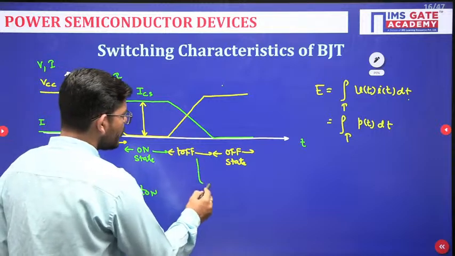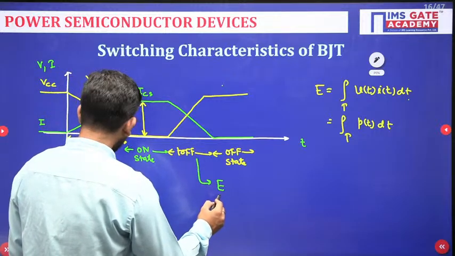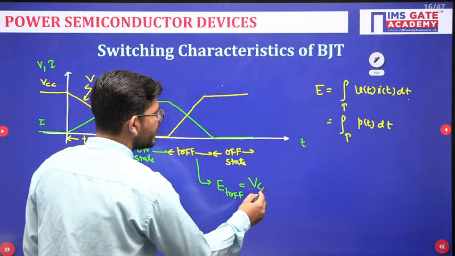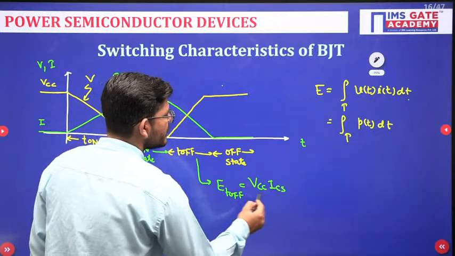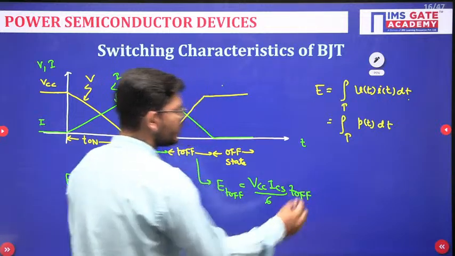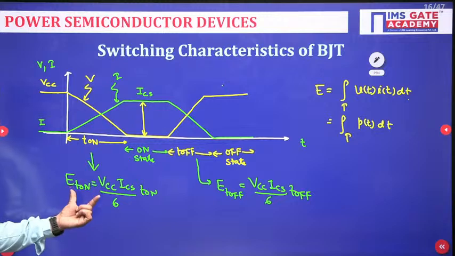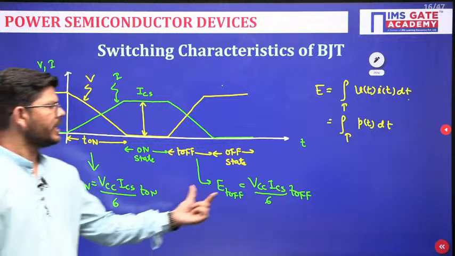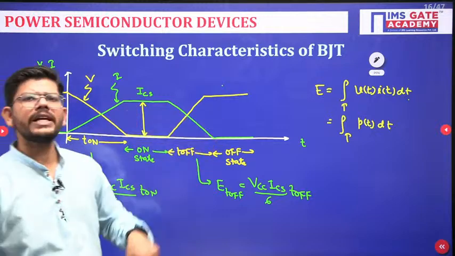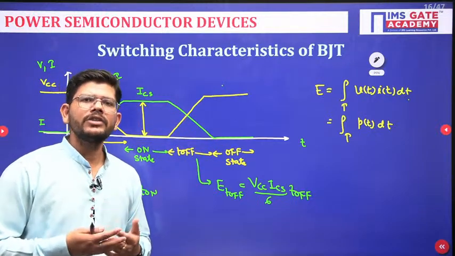If you have to calculate the energy during the off process, this will be equal to the same VCC ICS upon 6 into T off. So this is energy during the on process, this is energy during the off process. Energy during the on state or off state is approximated and understood to be 0.